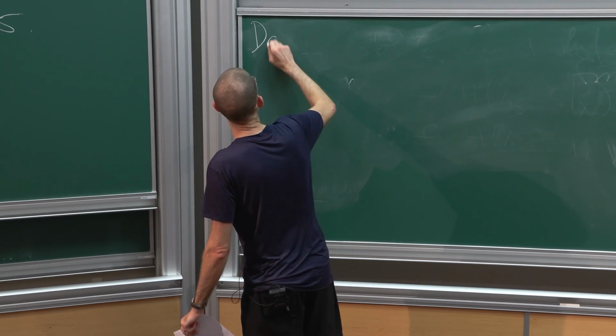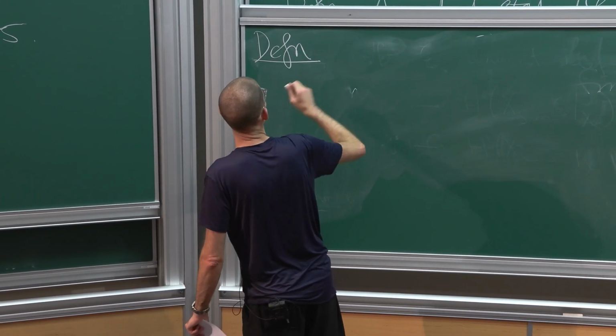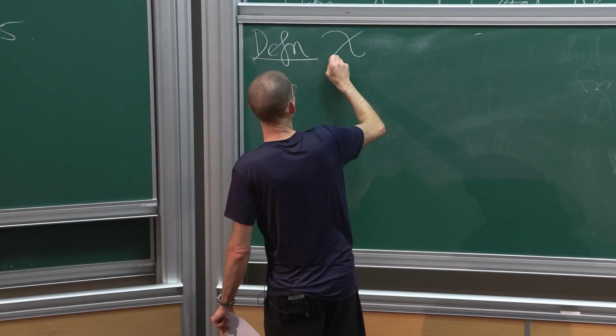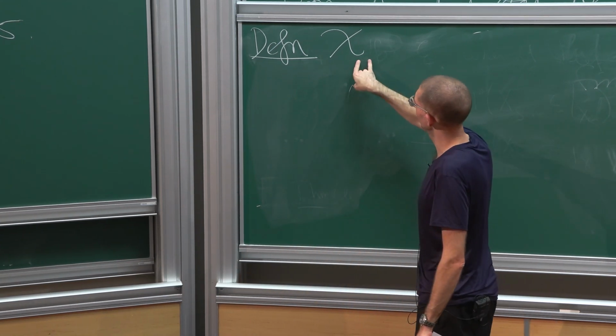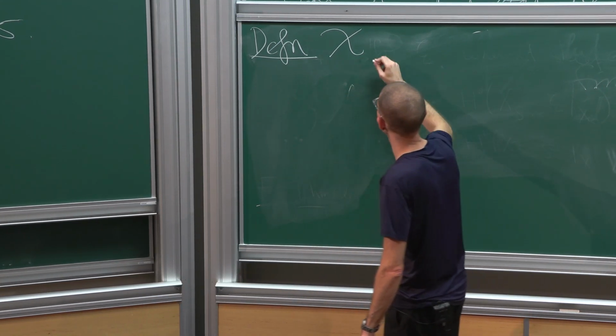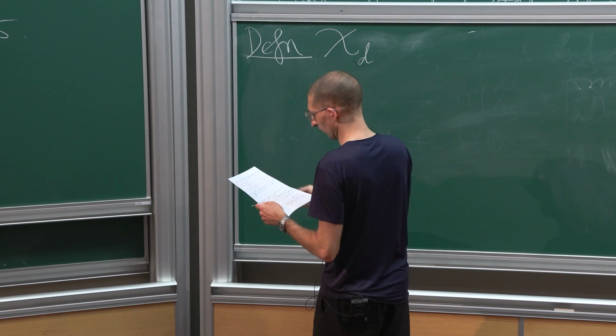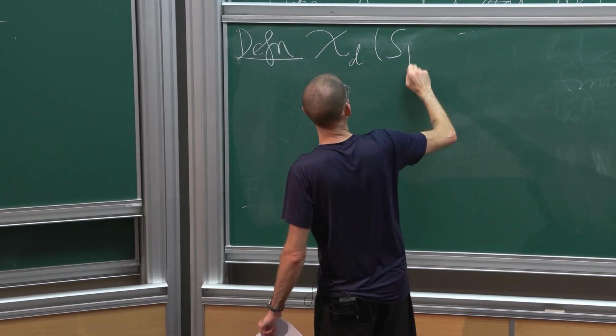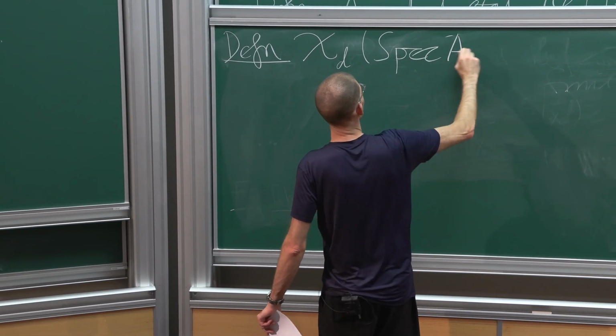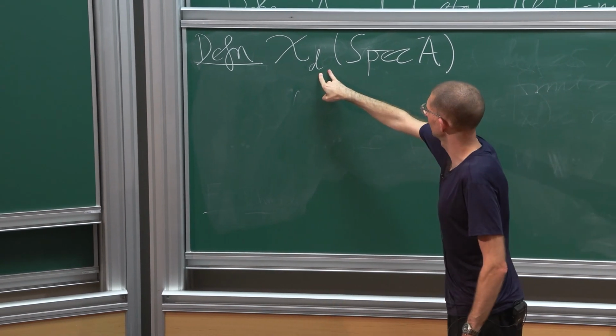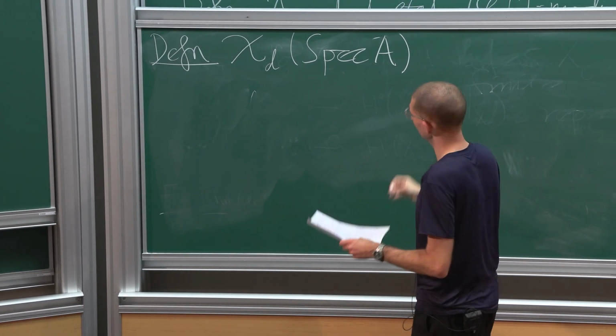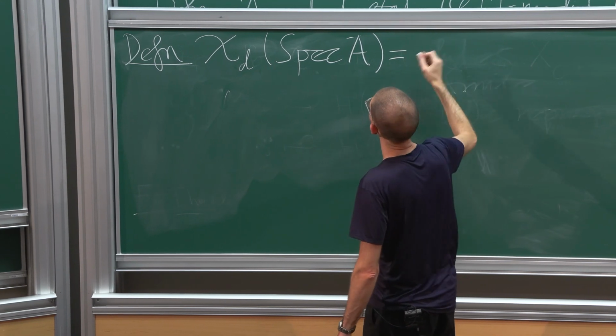So the definition of the first stack that we're going to have. I should draw attention now, there are going to be two different kinds of X's in this talk, and this is a calligraphic X. And I hope I've got two different kinds of handwriting lined up, but we'll see. I'm going to tell you what its functor of points is, and this is just the thing I was just defining.